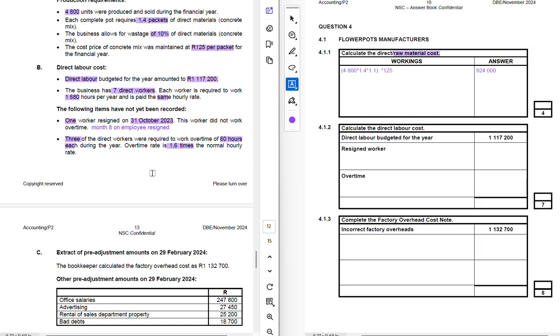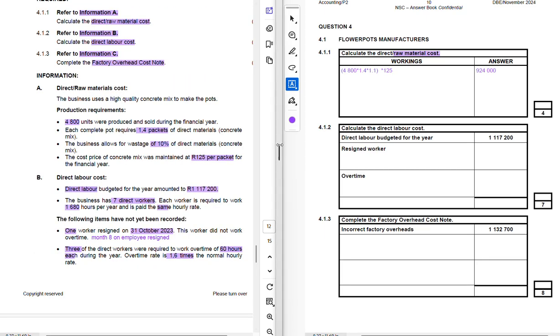Now, how are we going to respond to that question, considering the resignation as well as the overtime? We need to calculate the direct labor budgeted for the year. In order for us to calculate the direct labor cost, we need to know how to account for the items that have not yet been recorded. There is a resignation, and also an overtime.